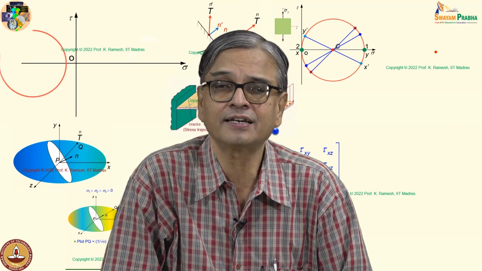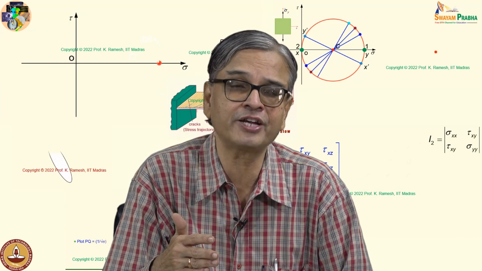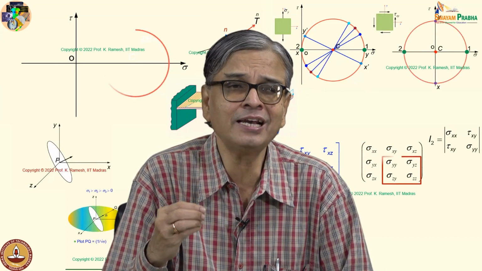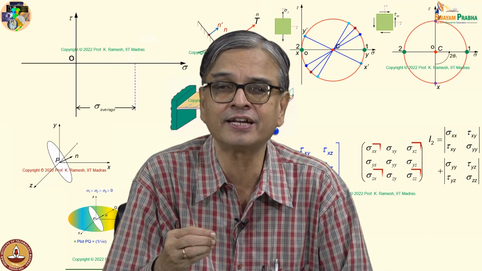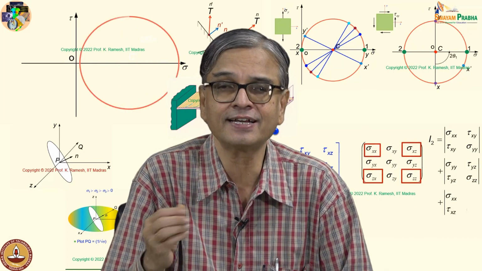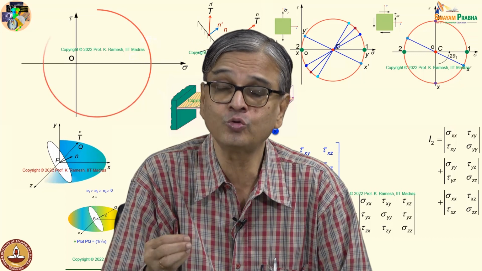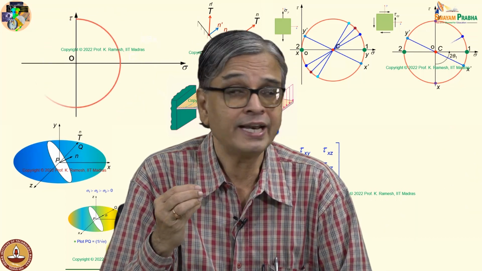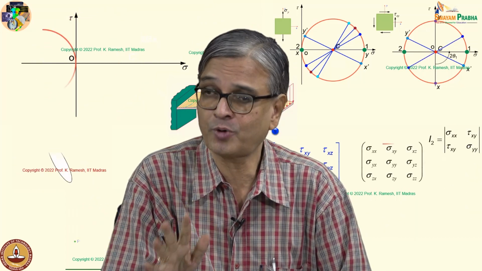And I said that when you do the stress transformation or principal stress determination, you have an inbuilt check. If you check the invariants, your computation is correct. And I expect you to do that whenever you are solving a given problem.